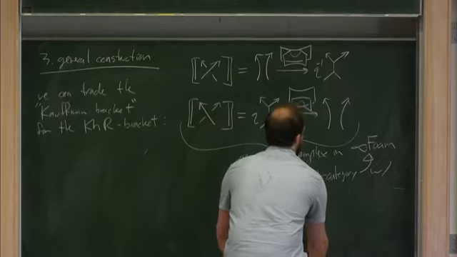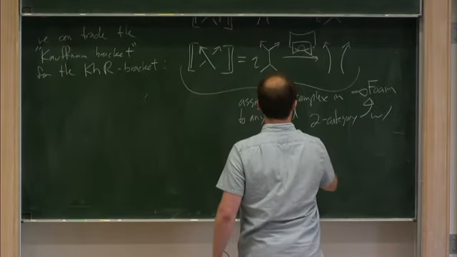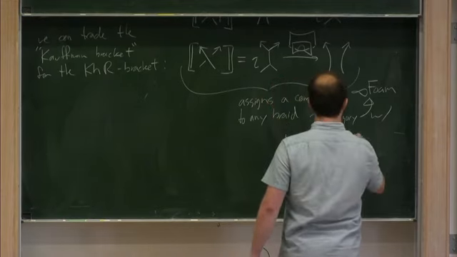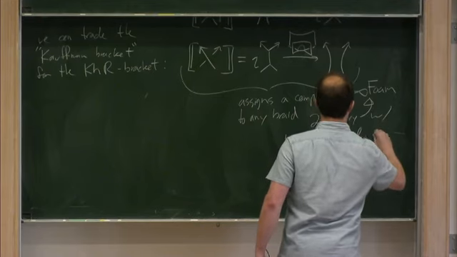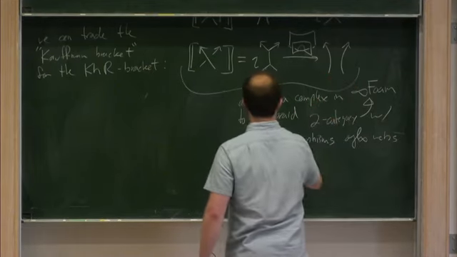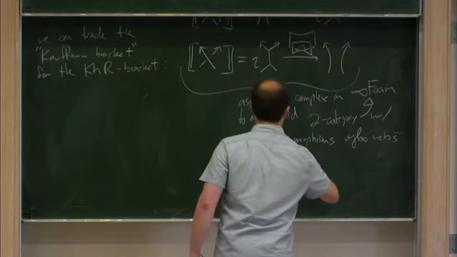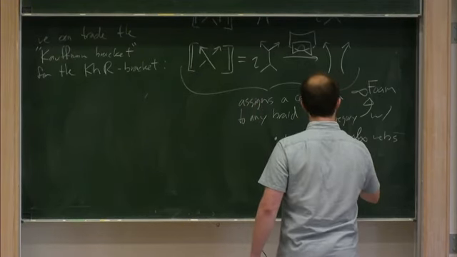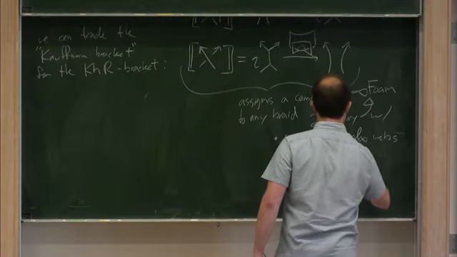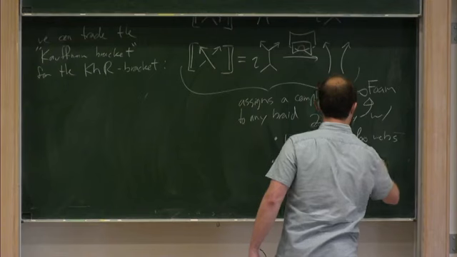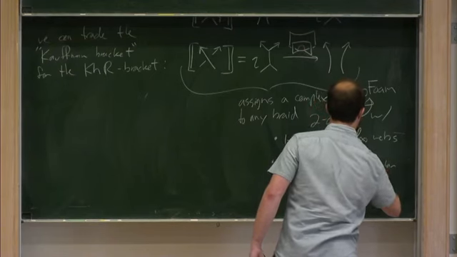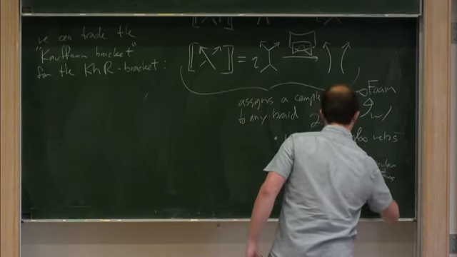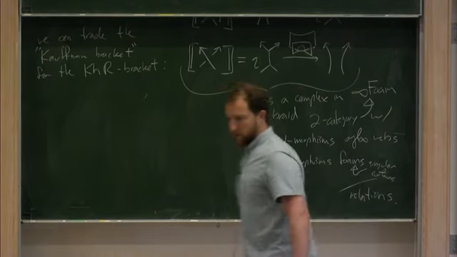So it's a two-category with one morphisms, these GL infinity webs, and two morphisms are foams, these singular surfaces, modulo some relations, which I won't talk about.